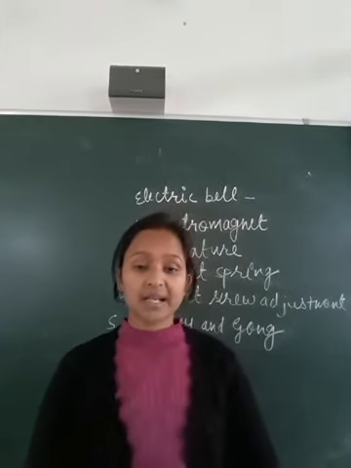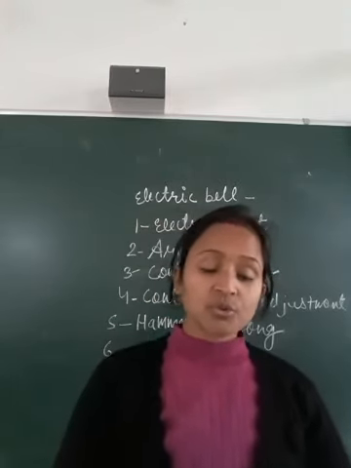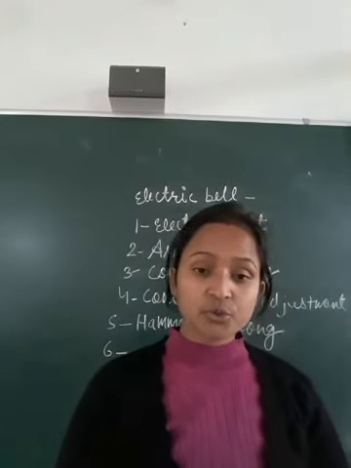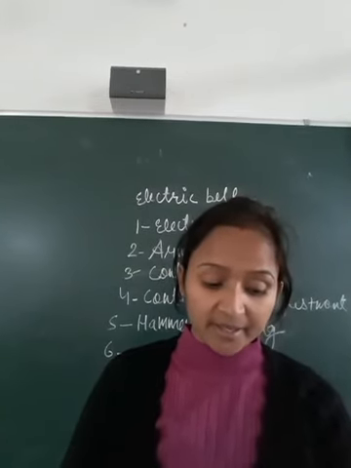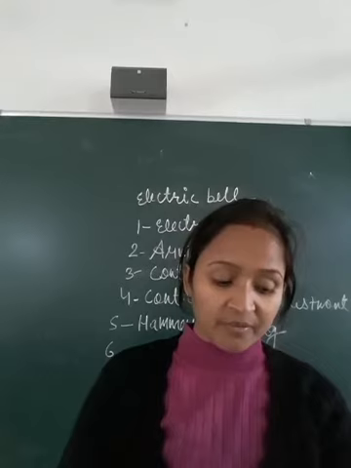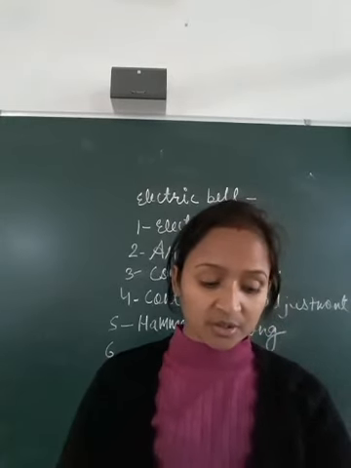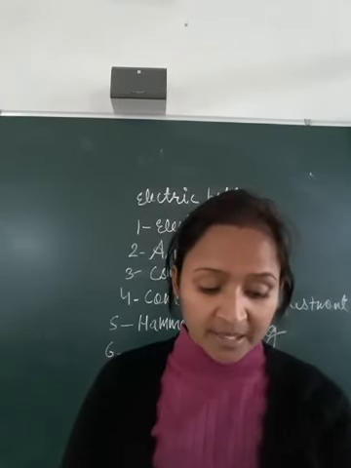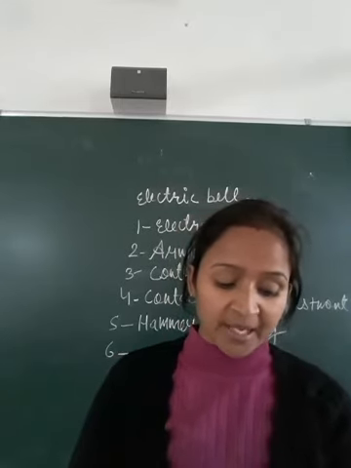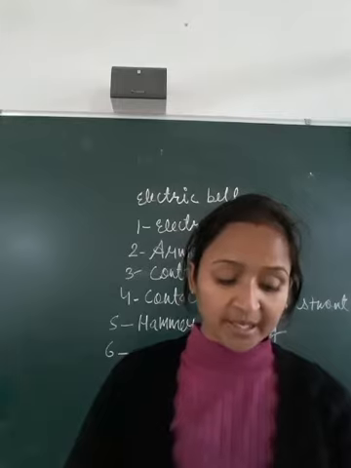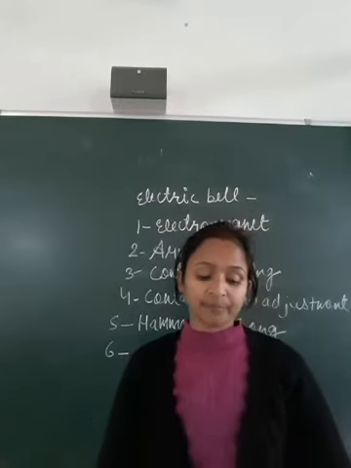How does the electric bell work? When the terminals T1 and T2 are connected to a battery through a push button switch, and the push button switch is pressed, the electric current flows from the battery to the electromagnet and then to the contact screw and finally to the terminal T2 and again to the dry cell.